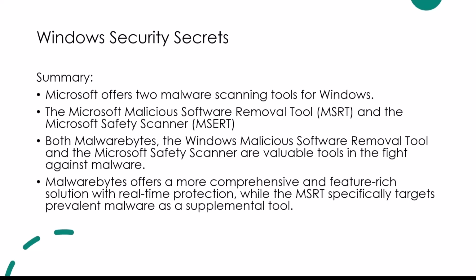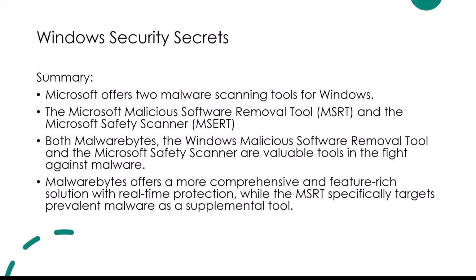In summary, Microsoft offers two malware scanning tools for Windows: the Microsoft Malicious Software Removal Tool, and the Microsoft Safety Scanner. Both Malwarebytes, the Windows Malicious Software Removal Tool, and the Microsoft Safety Scanner are valuable tools in the fight against malware.